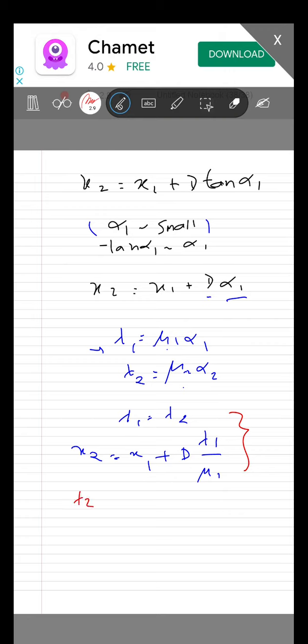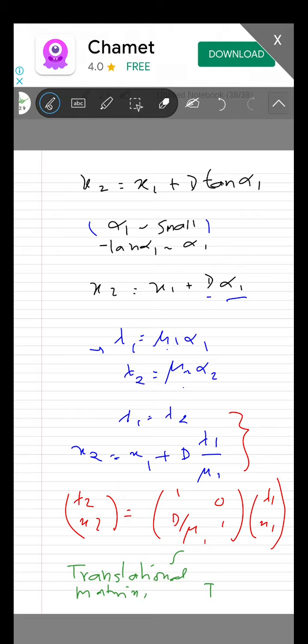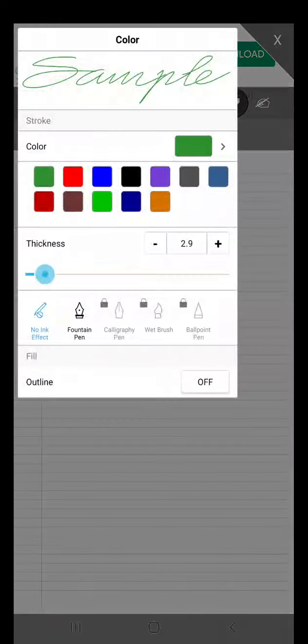We can write lambda 2, x2 is equal to the matrix 1, d by mu 1, 0, 1 times lambda 1, x1, and this matrix is the translation matrix, represented as T. Once again, T is equal to 1, d by mu 1, 0, 1.